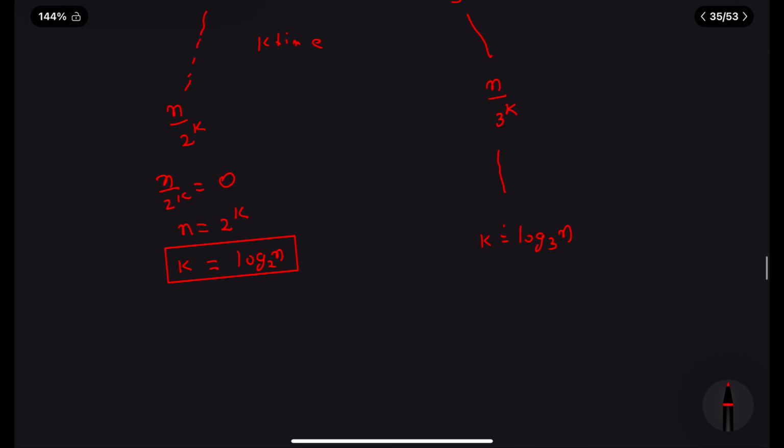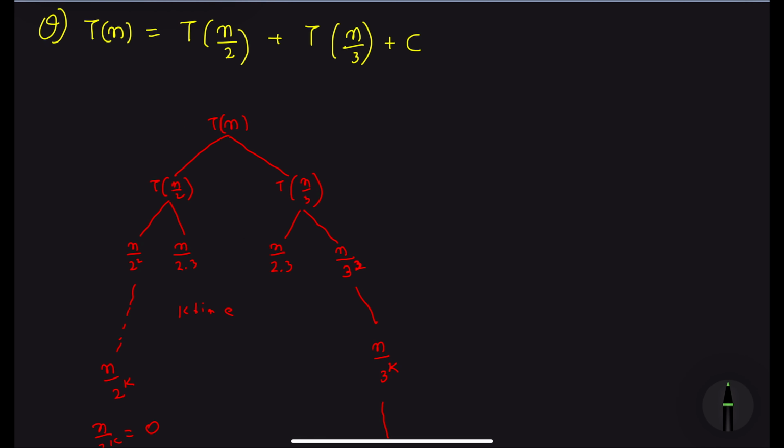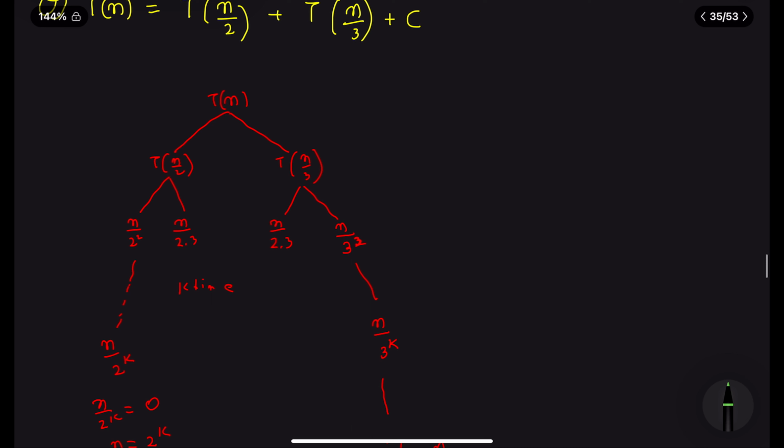When the base is small, that value is big, so the bigger value will be log base 2 n and the smaller value will be log base 3 n. Now let's see what will be the time complexity of this. So this side it will have log base 2 n levels, and on the other side the tree will have log base 3 n levels.